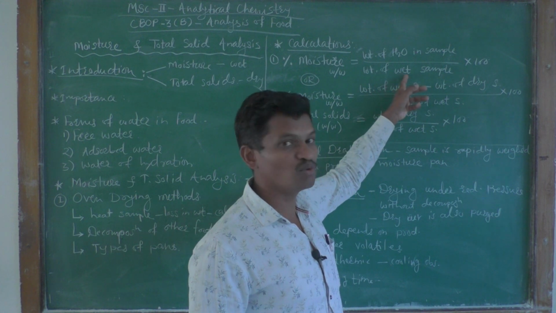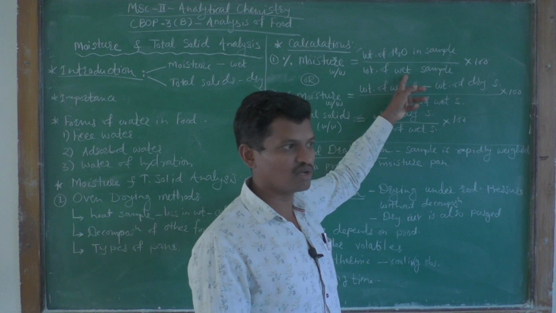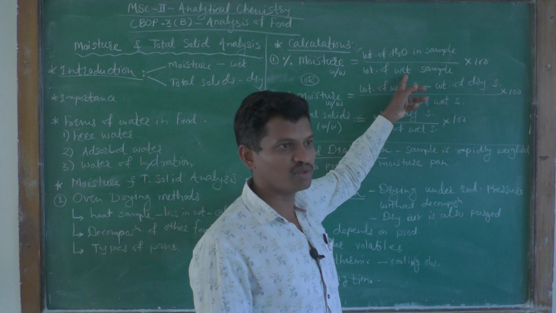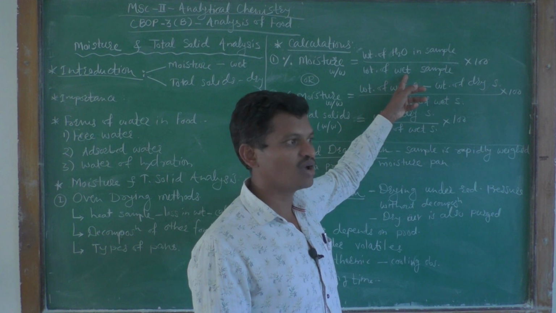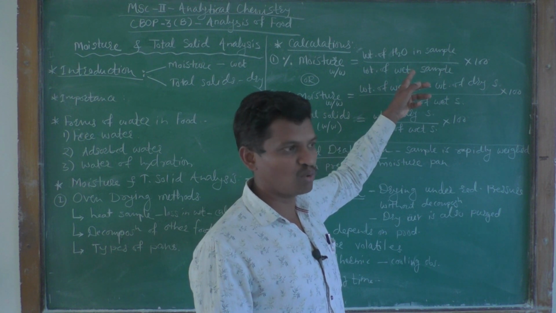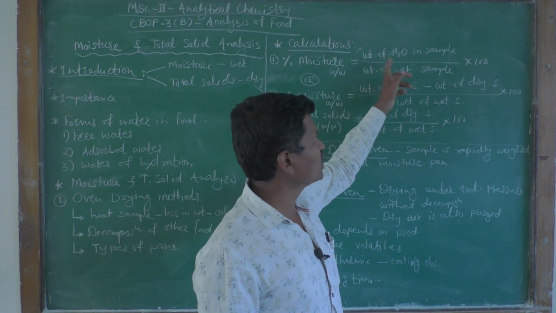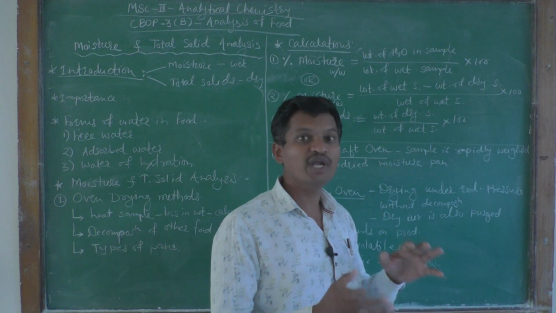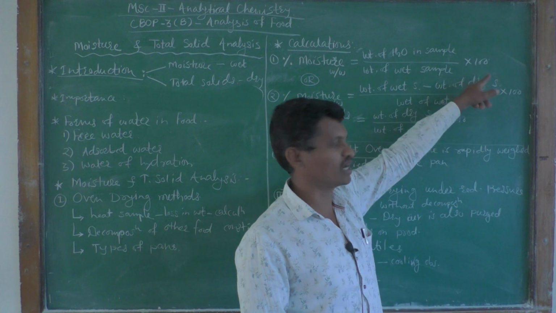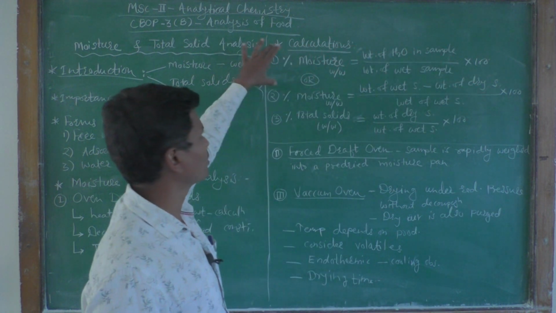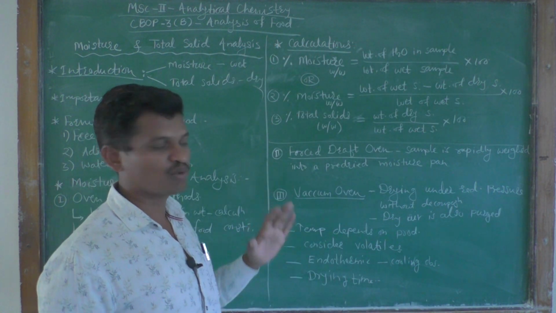This weight is related to moisture, what in Hindi we call gila, or in Marathi ola. So, weight of water in sample divided by weight of wet sample times 100. This is the simple formula for the calculation of moisture on a weight per weight basis.